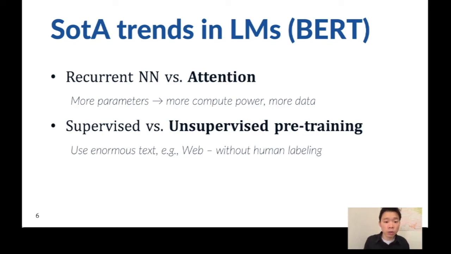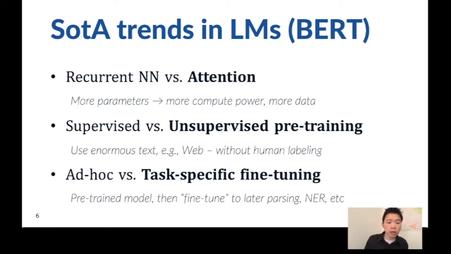In other words, without humans labeling things, we're just looking at all of the web data or whatever other enormous amount of text you have, and we're using that to build the first model of language in BERT or in other pre-trained types of models. And then after that unsupervised pre-training, we're doing task-specific fine-tuning.